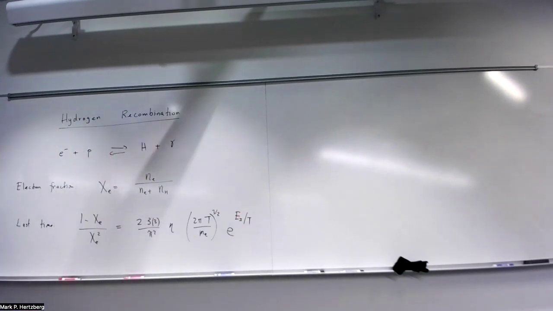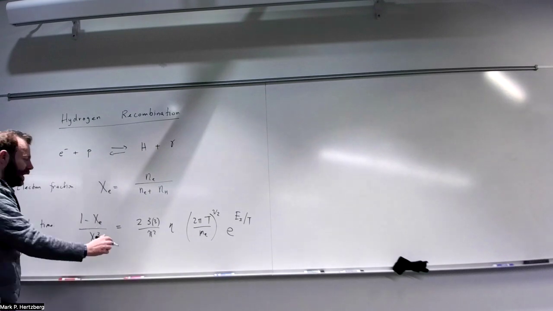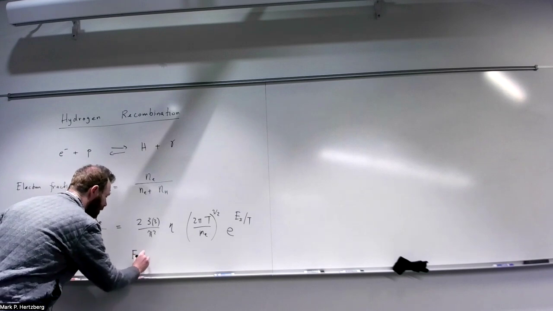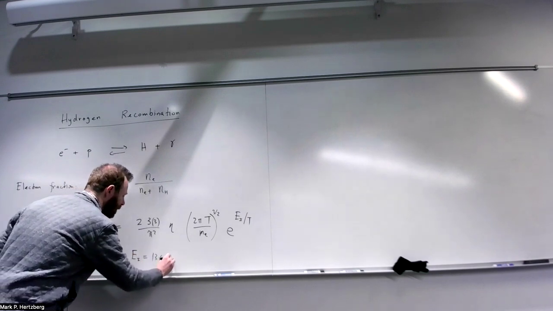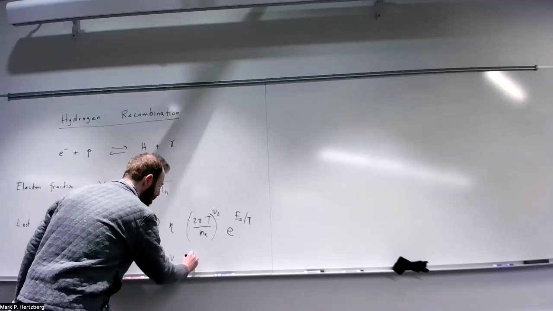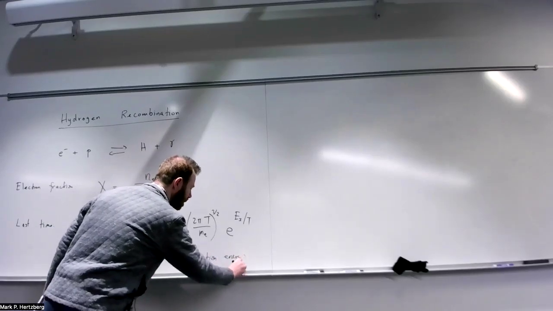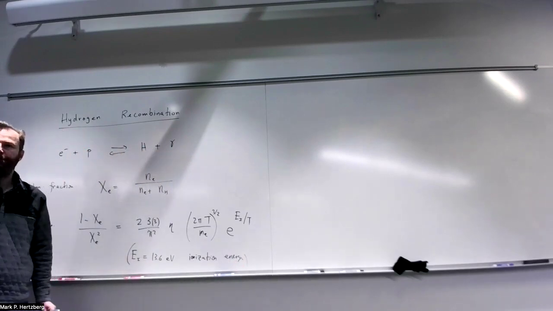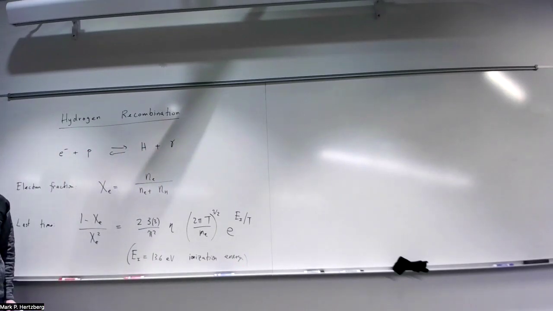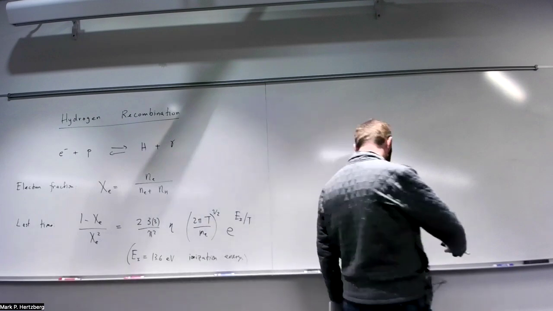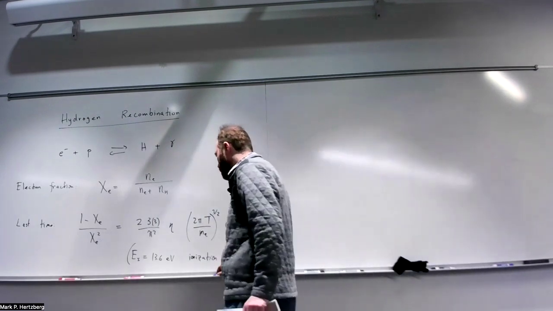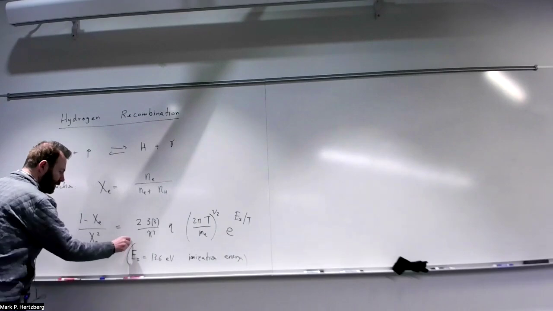That's the equilibrium formula, and the EI here is 13.6 eV, the ionization energy of hydrogen. Any questions about this from last time? Okay, so this thing is the Saha equation.